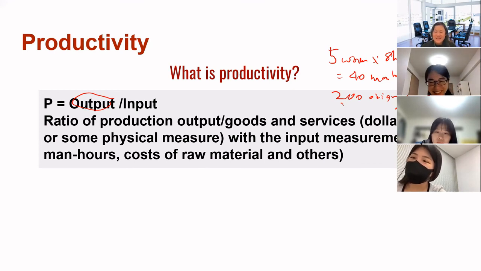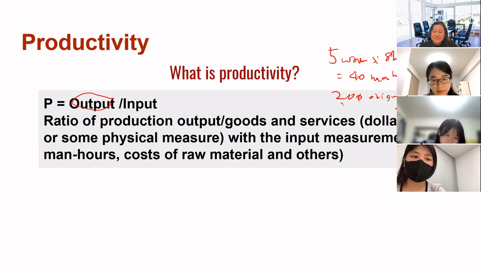Not high performance. Okay, it's just an example. Just think about it, I can produce 5 per hour. So that is the ratio.